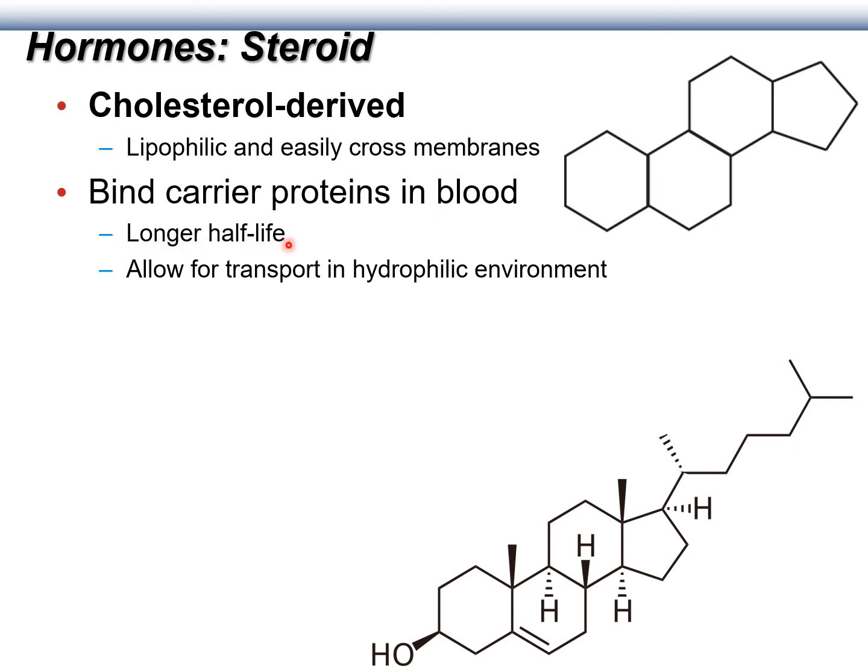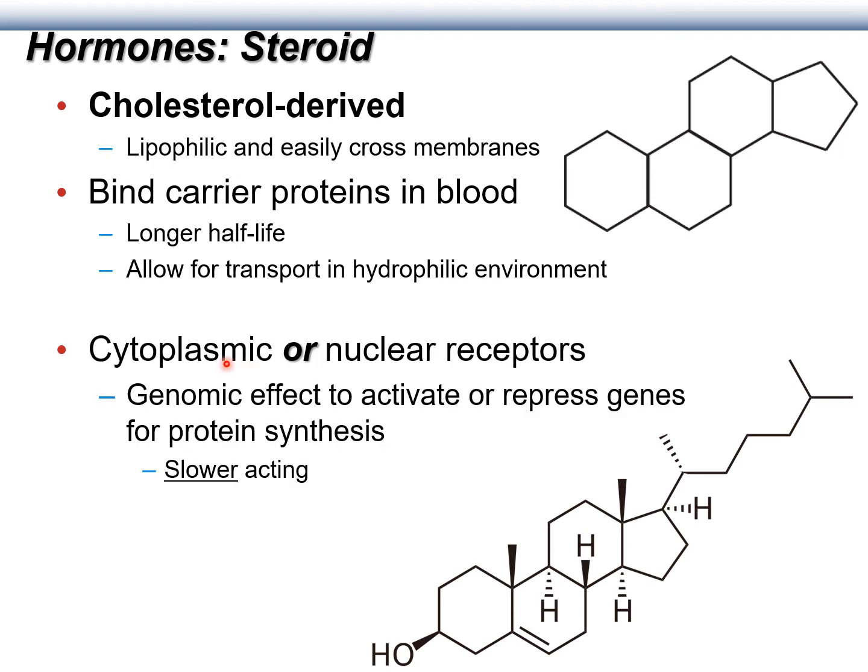They aren't pushed out of the bloodstream by the oil-water situation. So it allows for a longer half-life of the molecule and better kinetics of distribution throughout the body, a more uniform distribution.